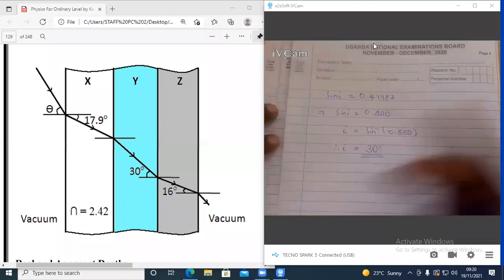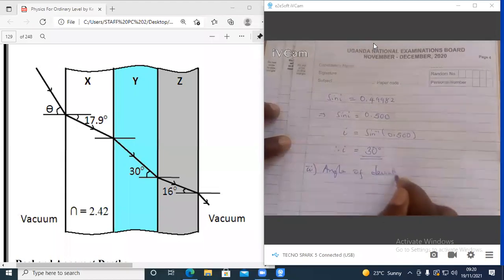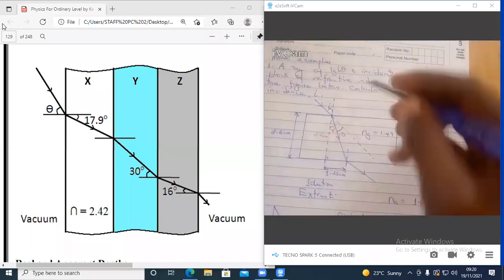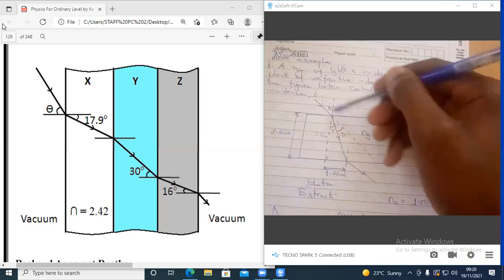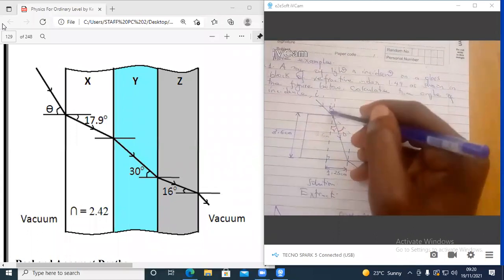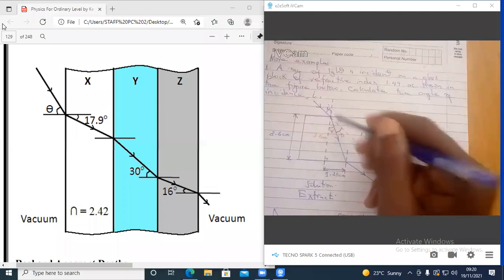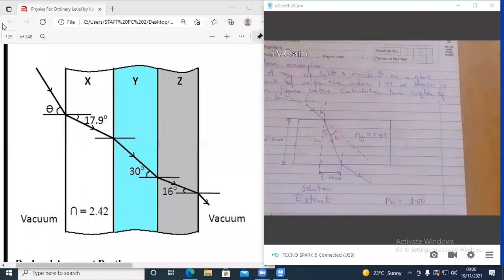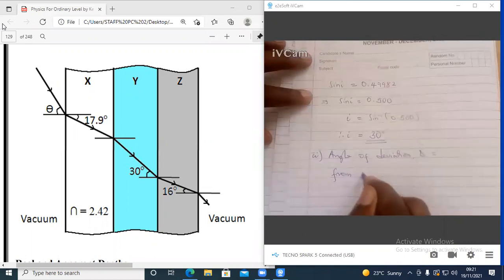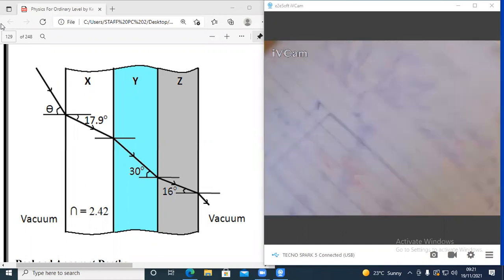So let's say Roman 2, angle of deviation, D. We know that this side must be opposite to this, not so? These are I and R plus D, they are opposite angles. So the angle of incidence, I, equals R plus D because they are vertically opposite angles.